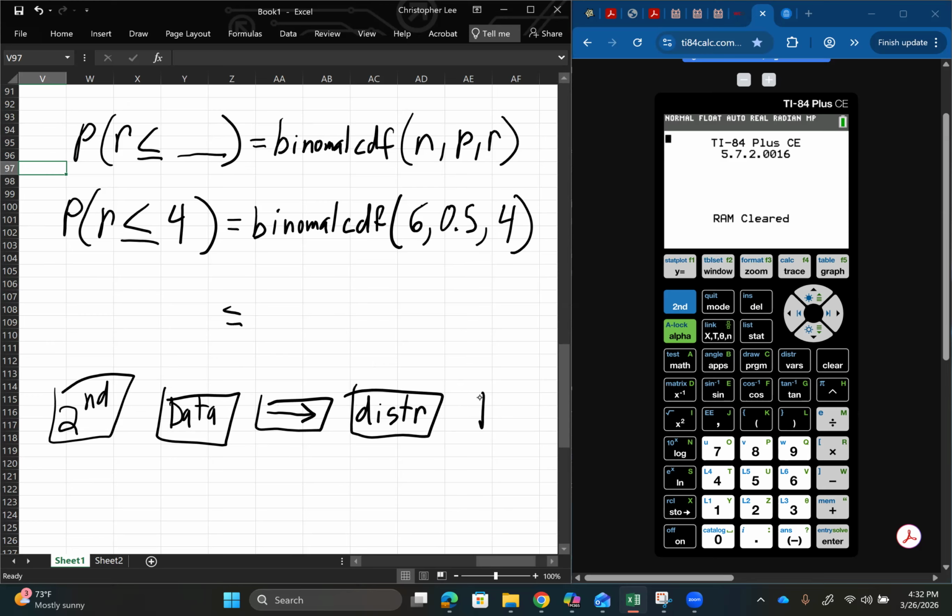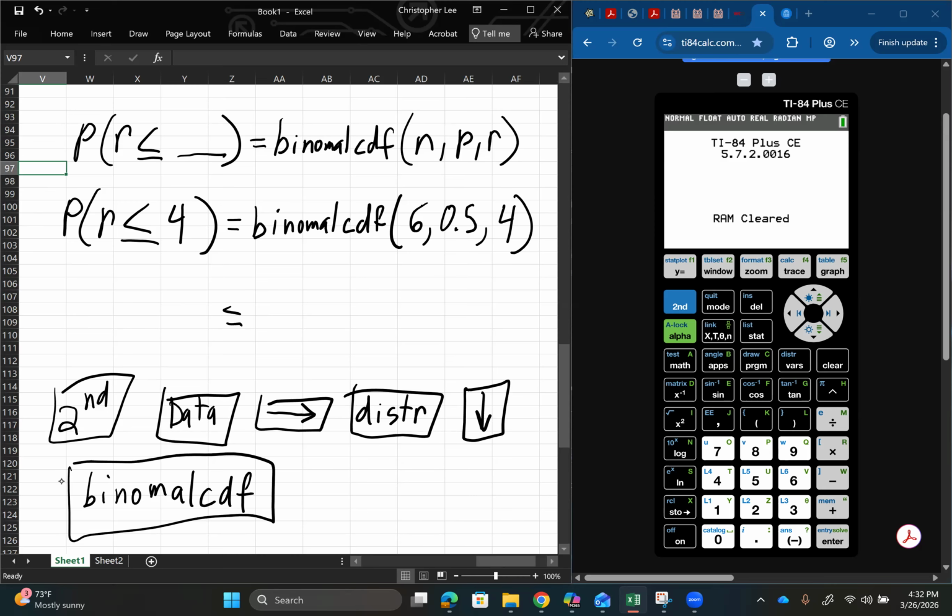Then you want to go down until you get to binomial CDF. Then enter. Then write the numbers. Remember that N is your trials.